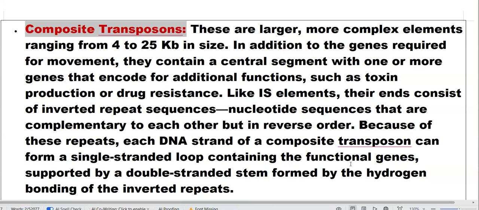Like IS elements, their ends consist of inverted repeated sequences, nucleotide sequences that are complementary to each other but in reverse order. Because of these repeats, each DNA strand of a composite transposon can form a single stranded loop containing the functional gene supported by a double stranded stem formed by the hydrogen bonding of the inverted repeats.